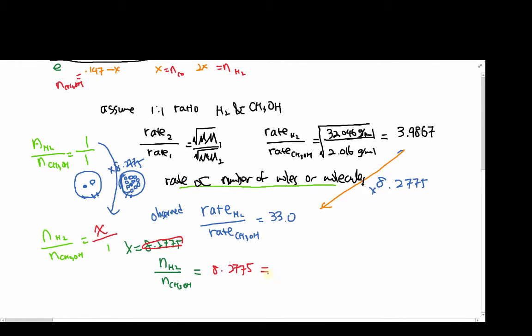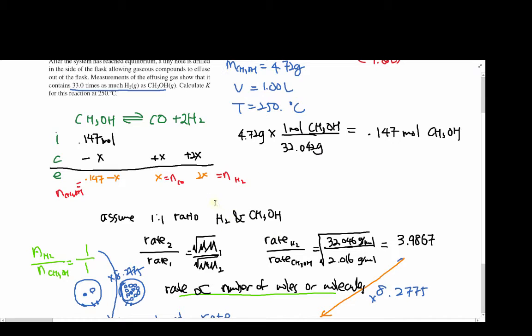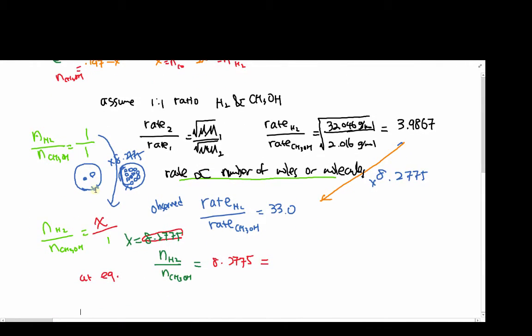I'm just keeping extra digits and I'm gonna round at the end. And where did we see this? Remember, this is at equilibrium. Then you go back to our ICE chart. Do you see that 2x hydrogen and 0.147 minus x? Well, we can directly put them in our equation.